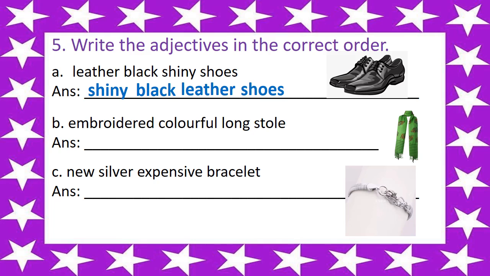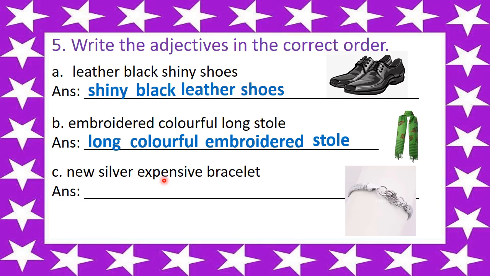Then next is embroidered, colorful, long stole. So first is description. So what will be the correct order, students? It will be long, right? Then next will be colorful, then embroidered, and then stole. So this is long, colorful, embroidered stole. Next, see, new silver expensive bracelet.